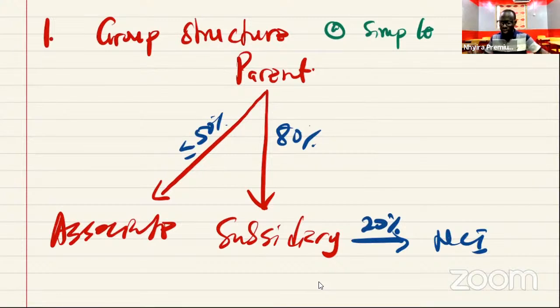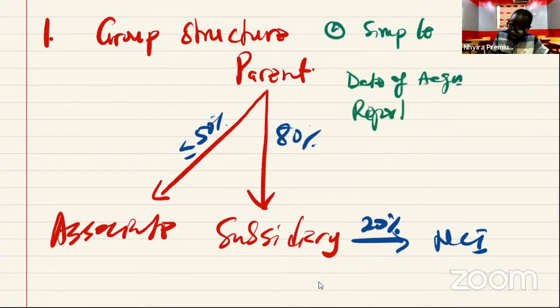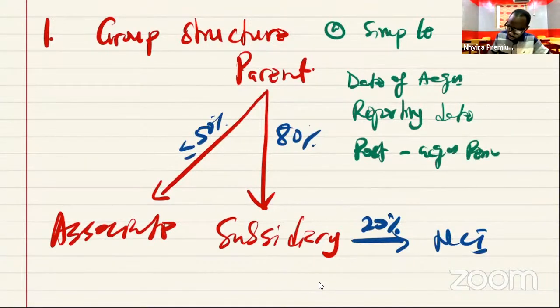Still on the group structure, we need to know two things: the date of acquisition and the reporting date, so that we can know the post-acquisition period. Why is this important?